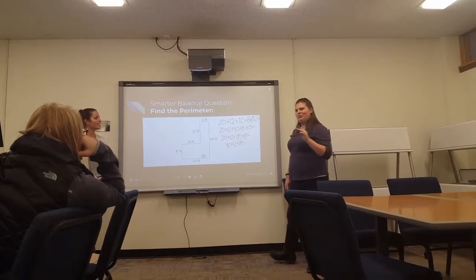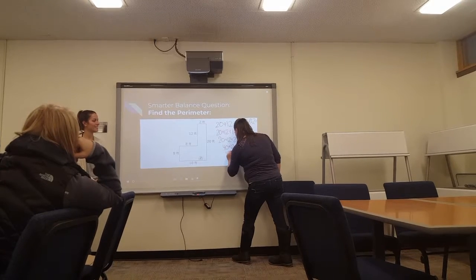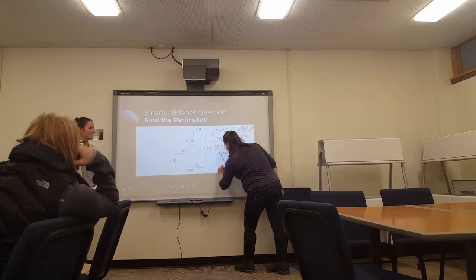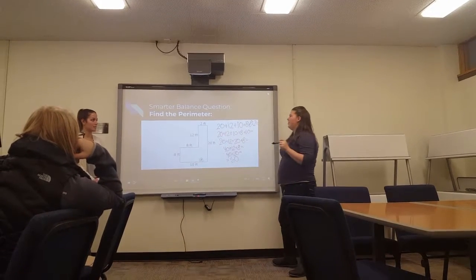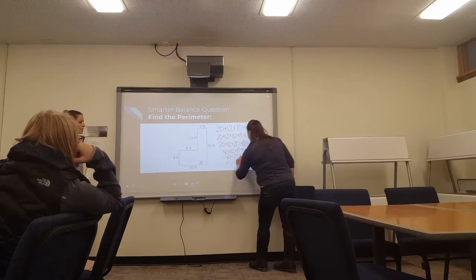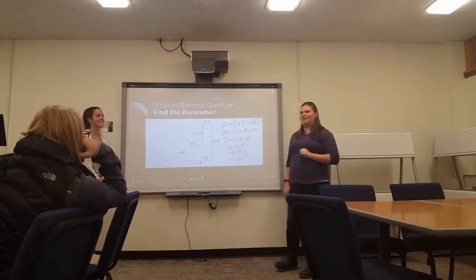Add the 12 and 8 together to make 20. And our final answer is 60. And then because it's a perimeter question, what do we always have to have at the end? A unit. Excellent job.